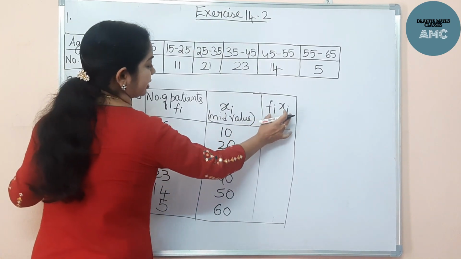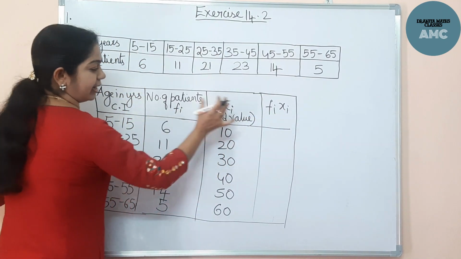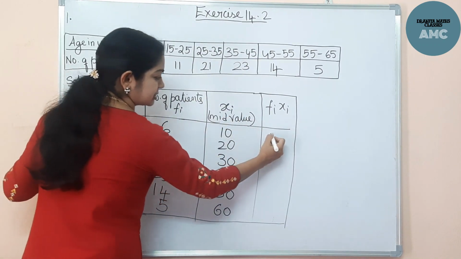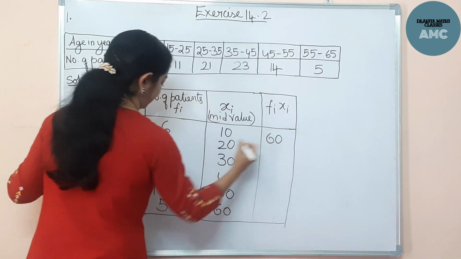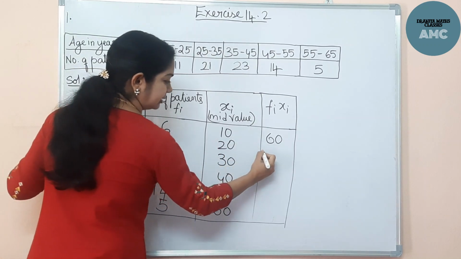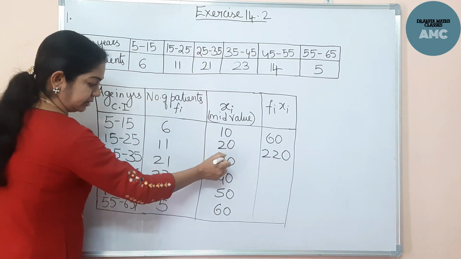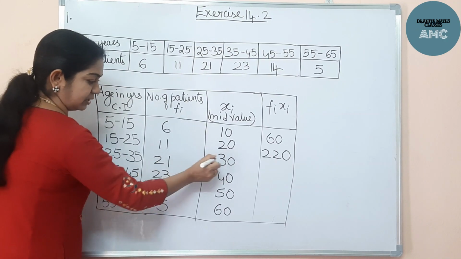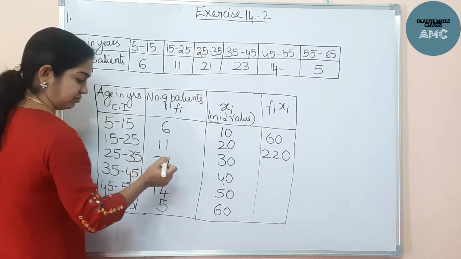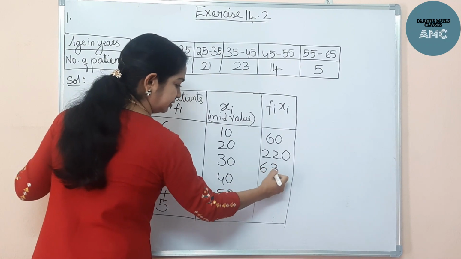And the product now, the frequency and the mid values. 6 into 10 is 60. 11 into 20 comes to 220. 21 into 30 is 630.